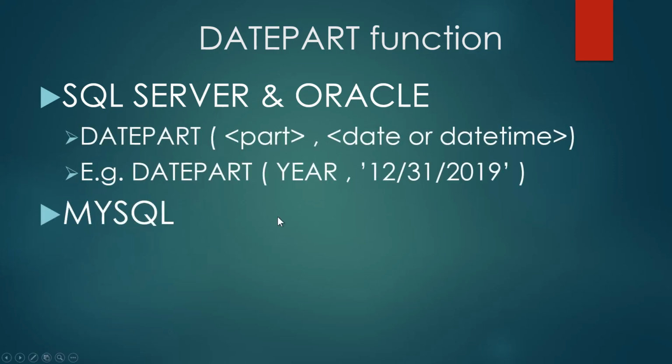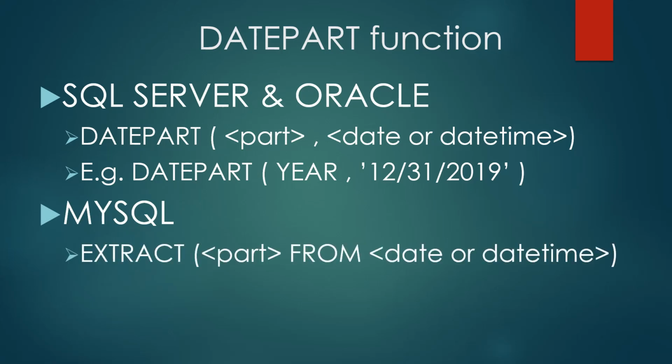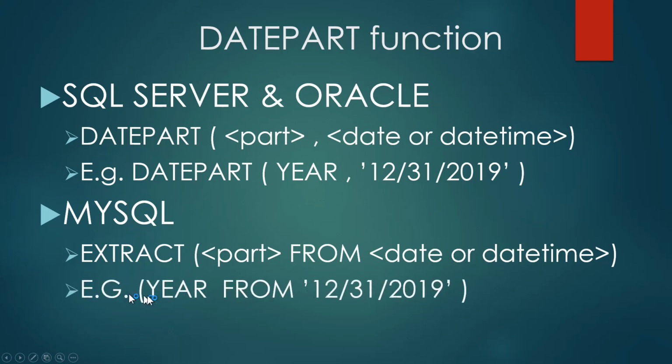In MySQL, there is no DATEPART function. The nearest equivalent is the ANSI compliant EXTRACT function, which physically works identically. The syntax is slightly different. It works: EXTRACT the date part FROM and pass in the date. And there's an example there, year, FROM, and the date just there. So if MySQL is your platform, you should be using the EXTRACT function.